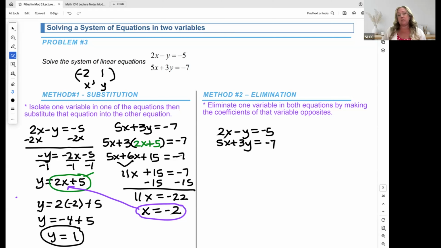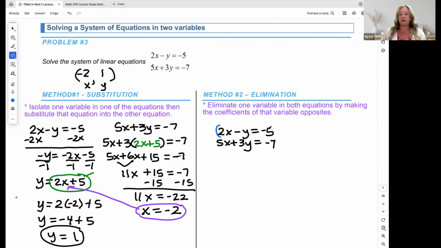If I'm looking at my two equations, I could multiply both equations by a number to make that zero out. But right now, I only need to multiply the top equation by 3, and my y's will eliminate. So that's what I'm going to choose to do on this one.